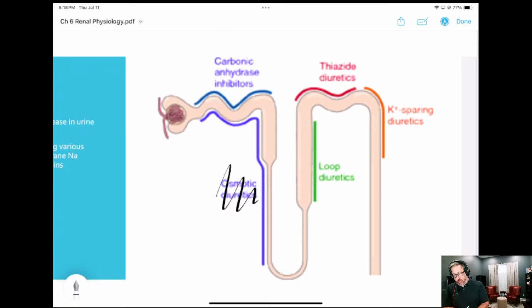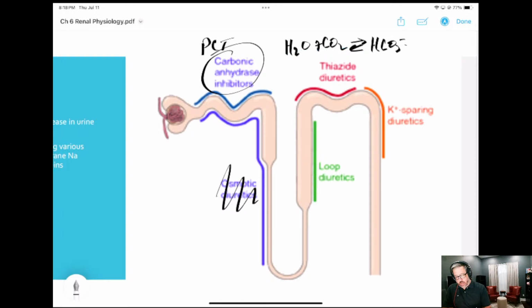First section, proximal convoluted tubule, carbonic anhydrase inhibitors. Why do they work here? Because this is the area of the kidney that has the carbonic anhydrase enzymes. From the pulmonary system, remember the equation: water, carbon dioxide, carbonic acid, which then dissociates with carbonic anhydrase to make hydrogen plus bicarb.